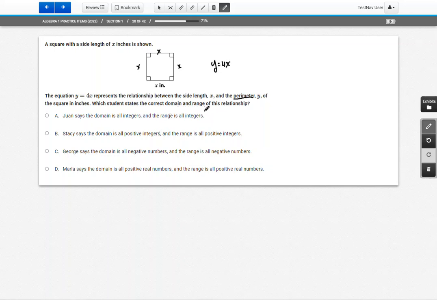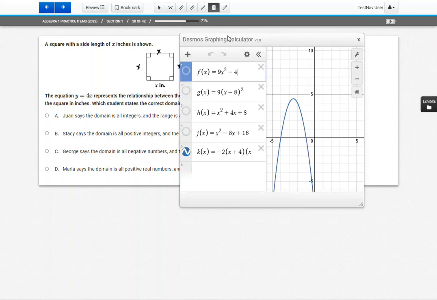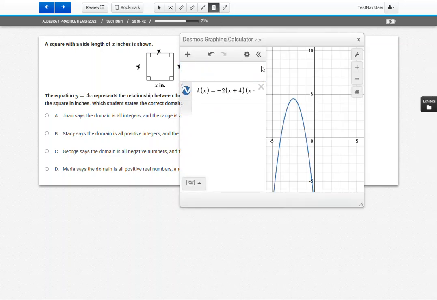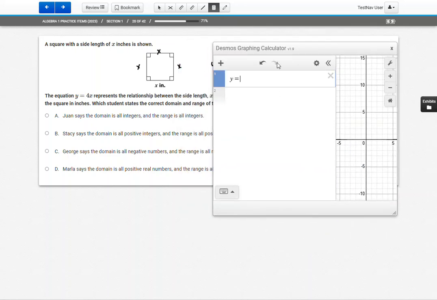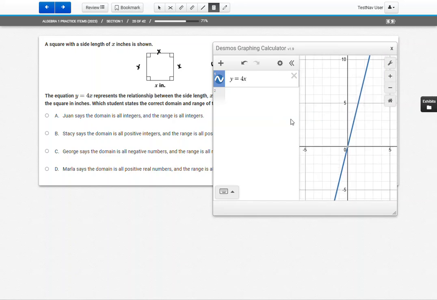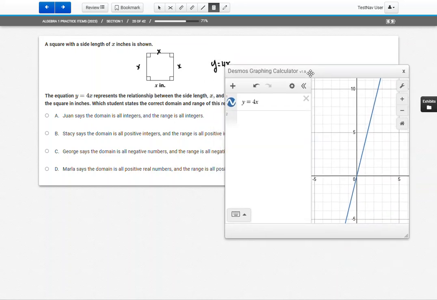Which student states the correct domain and range? Whenever you have a domain and range, and you're measuring something, so you have y equals 4x. Even though it looks like the domain and range are all real numbers, it's actually only positive numbers.